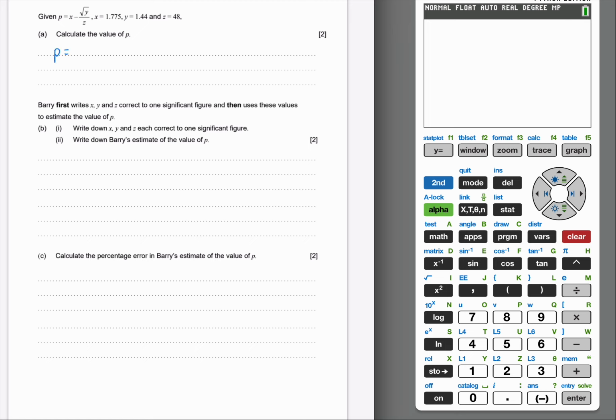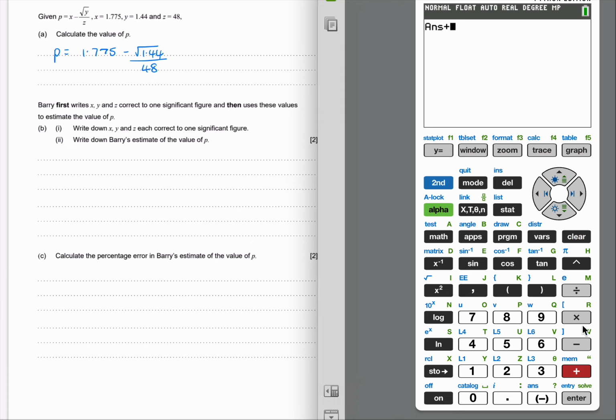So p is equal to x, which is 1.775, minus the square root of y, which is 1.44, all divided by z, which is 48. And we're just going to type that into our calculator. So we have 1.775 minus, and then I'm going to use the fraction button.